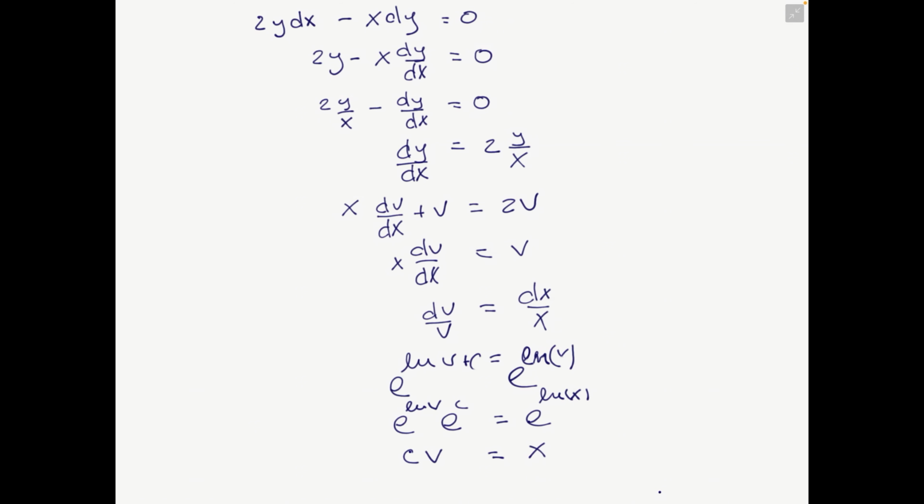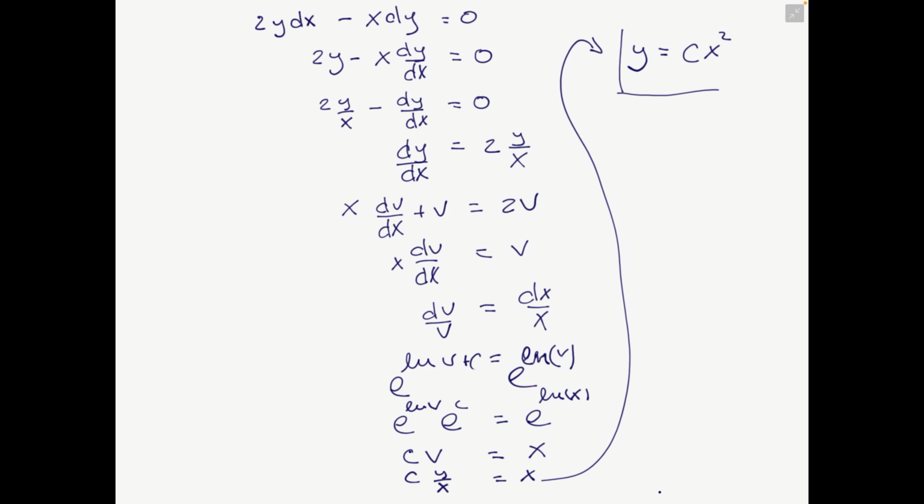And we can always bring the c to the other side. So let's see, we have c, y on x equals x. Let's bring this up here, and we have y equals cx squared.